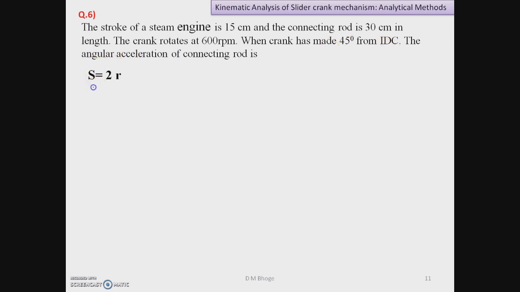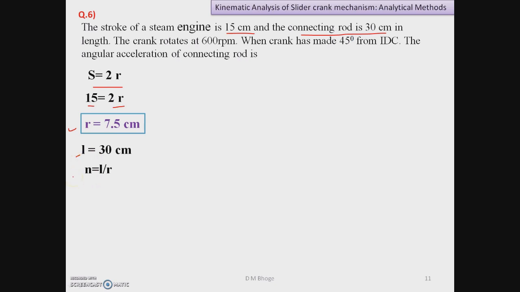Now the given data: stroke length is 15 centimeters, which equals 2 times the crank length. So from this, we can find the crank length R, which is 7.5 centimeters. Connecting rod is 30 centimeters in length, so L equals 30 centimeters.